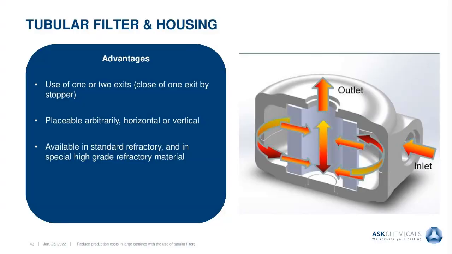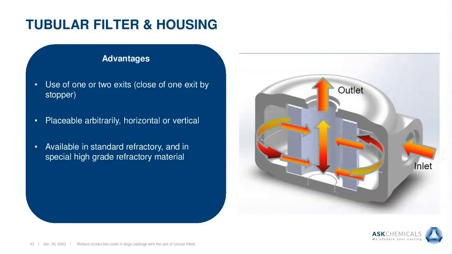Combined with tubular ceramic foam filters, the system can be easily assembled without any additional adhesives or other time-consuming methods. If several housings are used per casting piece, the capacity of the system is increased, and large amounts of molten metal can be safely filtered.